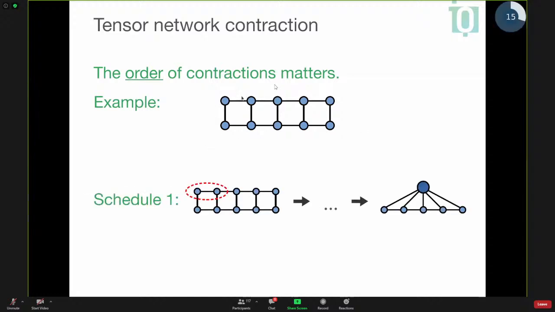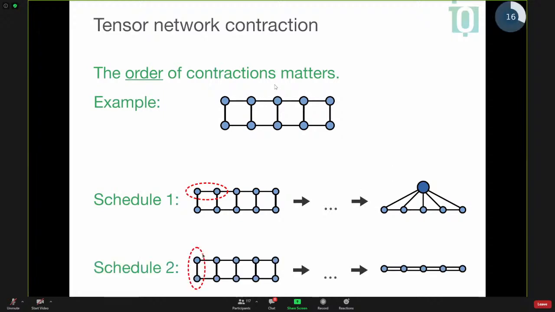I could start contracting along the legs of the ladder, in which case I would contract first all these top tensors to get this object here. Or I could contract first along the rungs, in which case I would end up first with this object that I show on the bottom right.